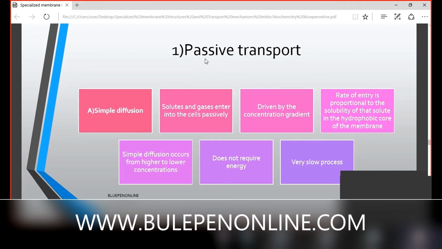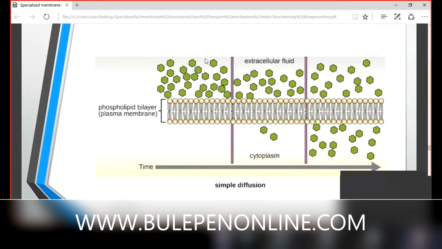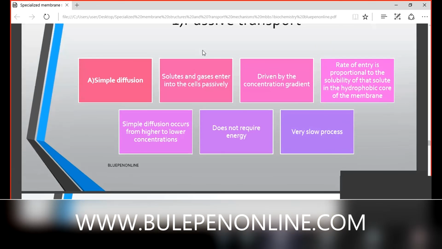Then Roshni, what are the points coming under passive transport? Ma'am, in passive transport, the solutes move across the membrane from higher concentration to lower concentration. They do not require energy, and solutes and gases pass passively. The rate of diffusion is directly proportional to their solubility in the hydrophobic core of the membrane.